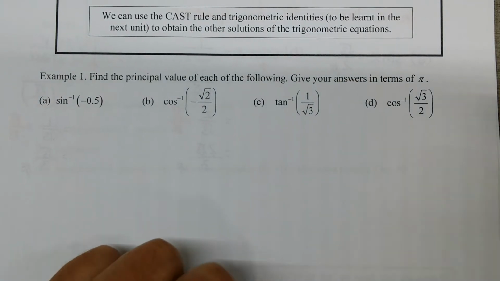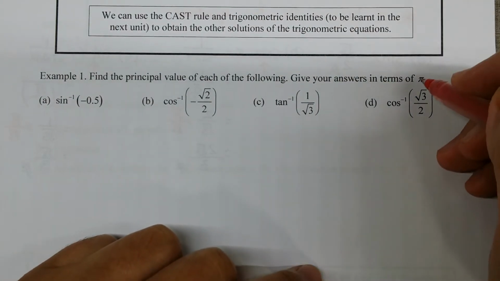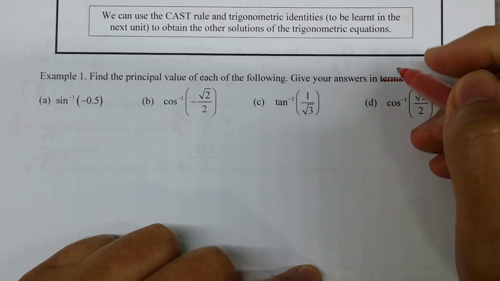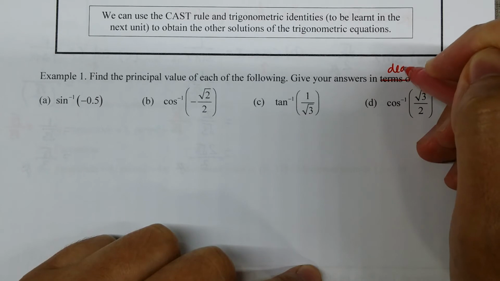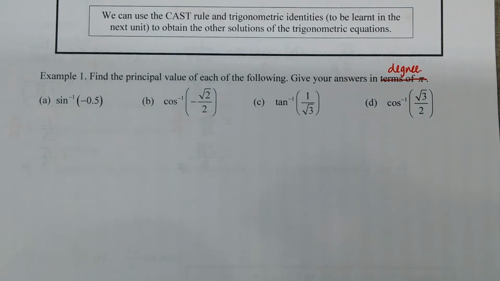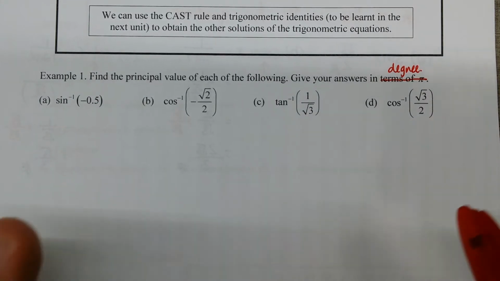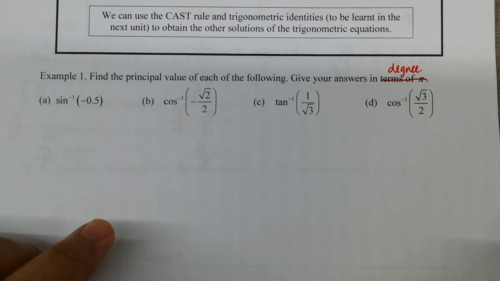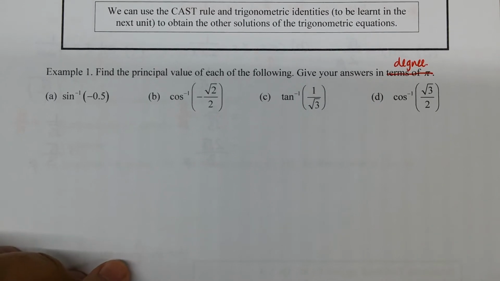But since you have not learned radian measure, I will just change it to in degrees. Once you learn radian measure, can you come back to this worksheet, or remind me to come back to this worksheet? We will redo all the questions, answering in terms of pi.